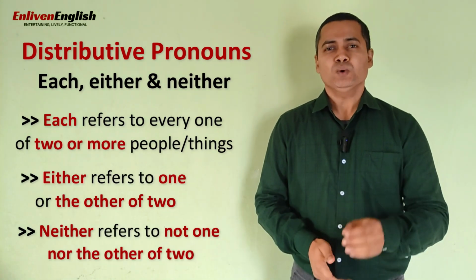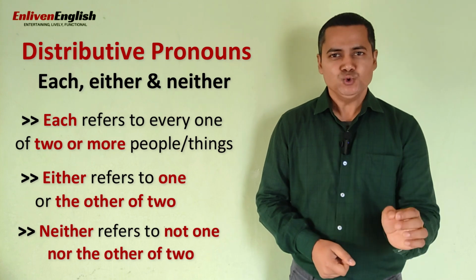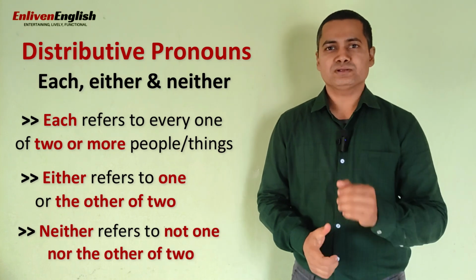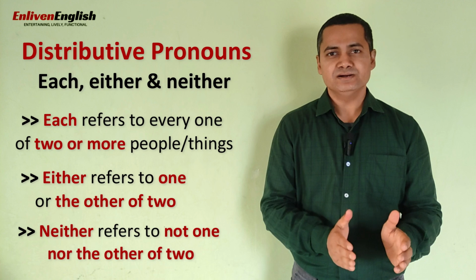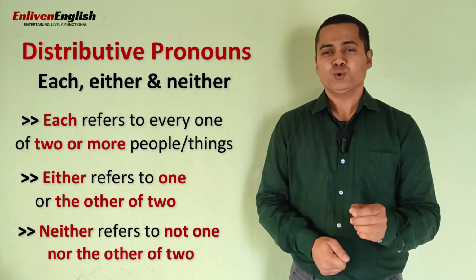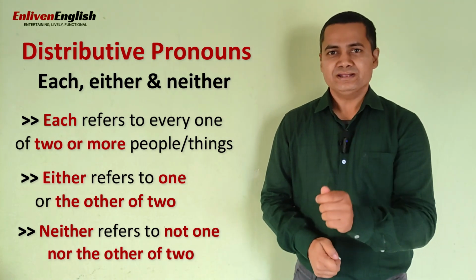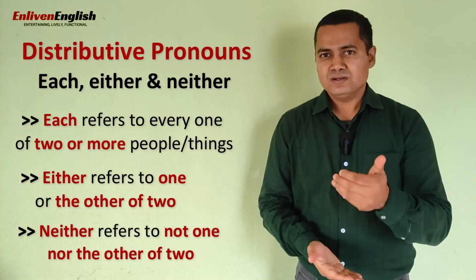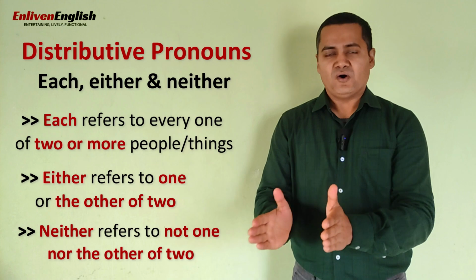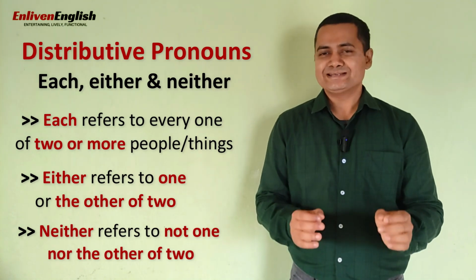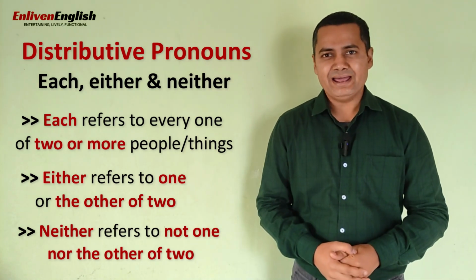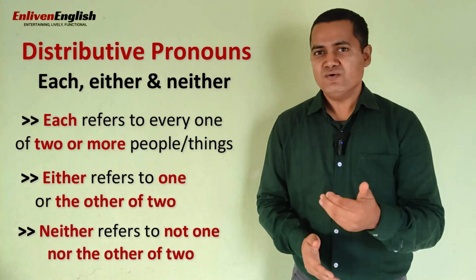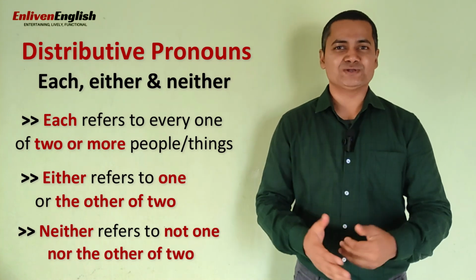Each refers to every one of 2 or more people or things, whereas either and neither refer to only 2 people or things. While either refers to the one or the other of the 2, neither is the negative of either and refers to not the one nor the second of the 2.